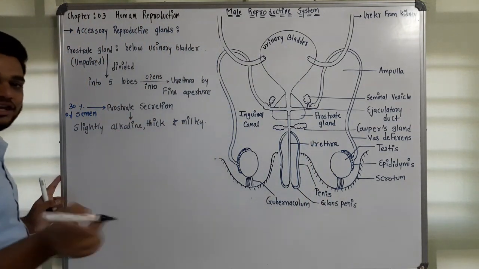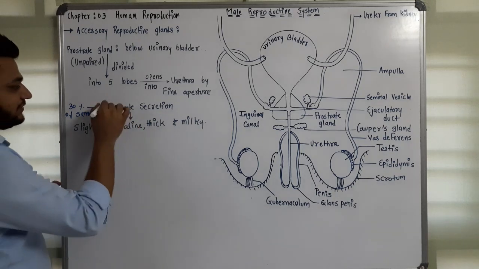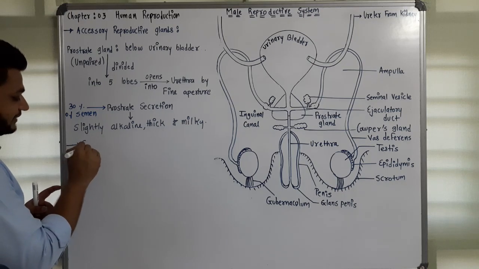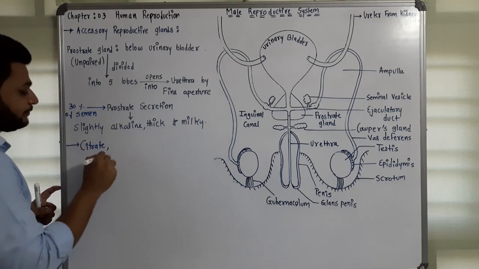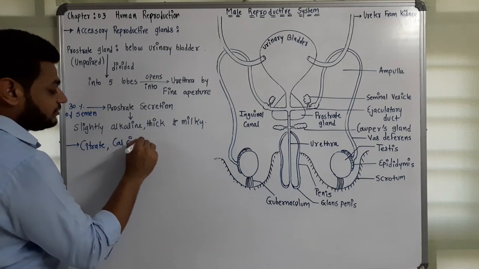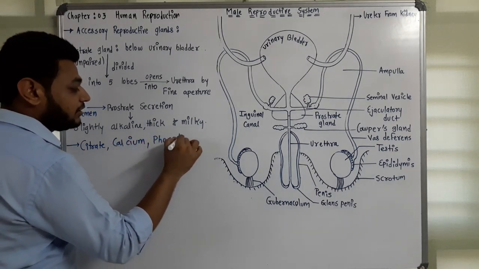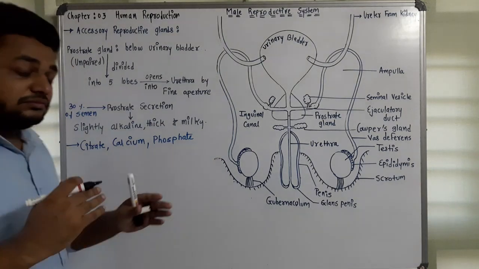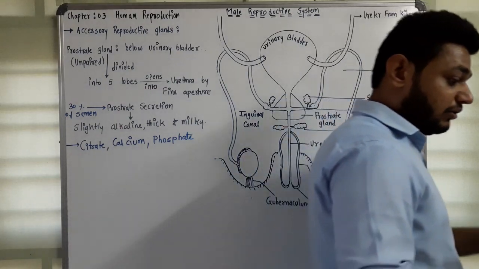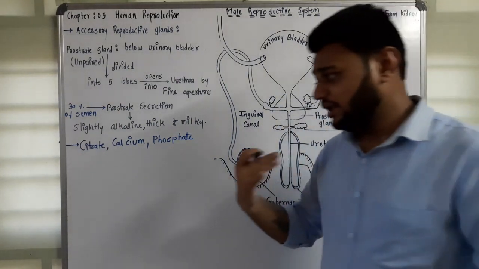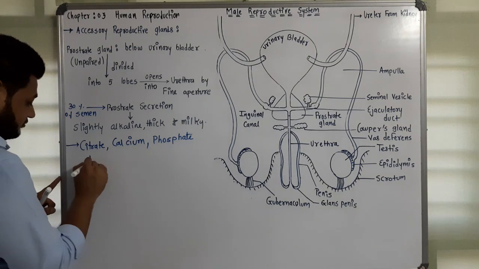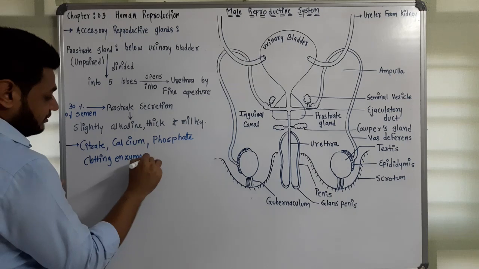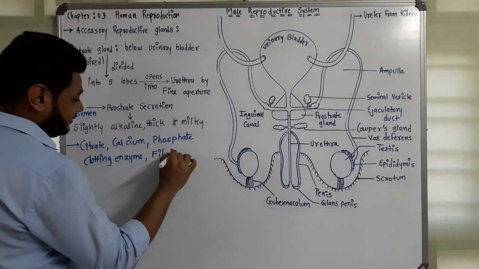The prostate secretion mainly includes citrate, calcium, as well as phosphate. Clotting factors, that means clotting enzymes or coagulating enzymes, are also present, and a very important one, fibrinolysins.